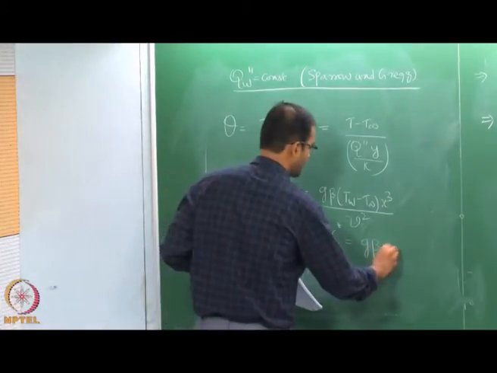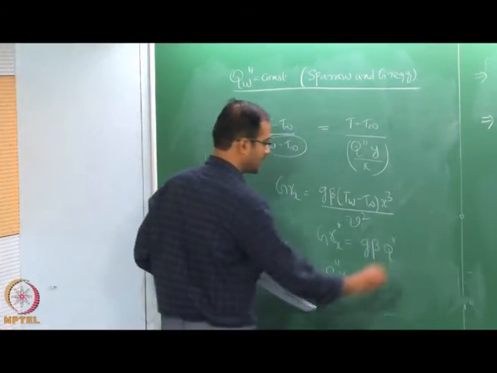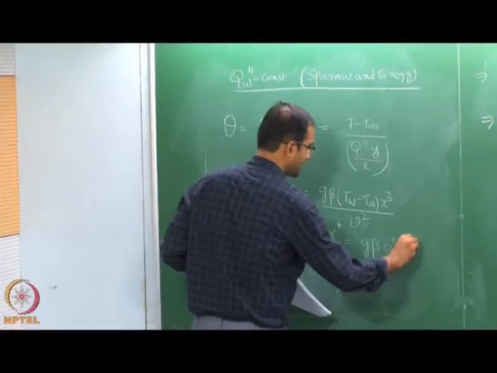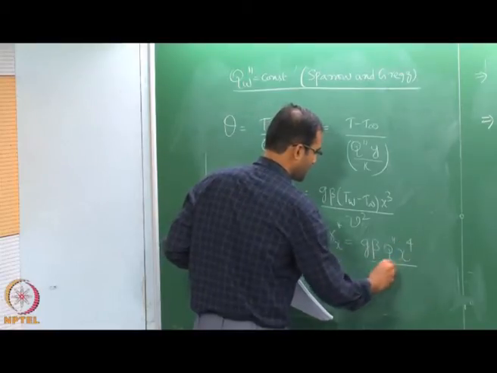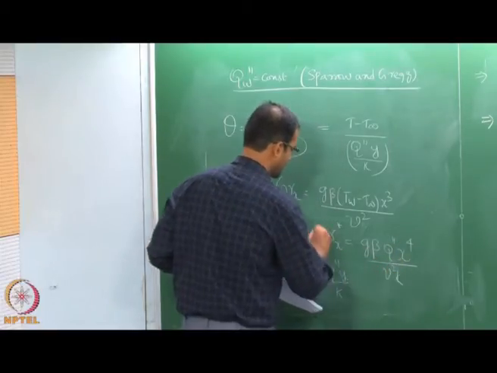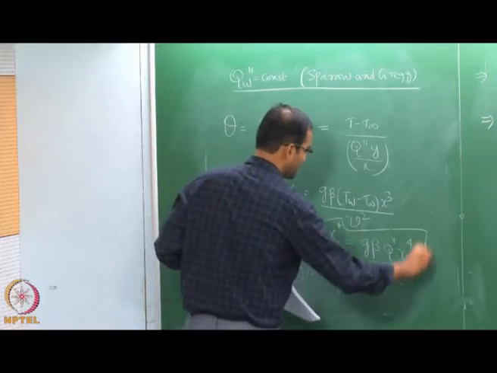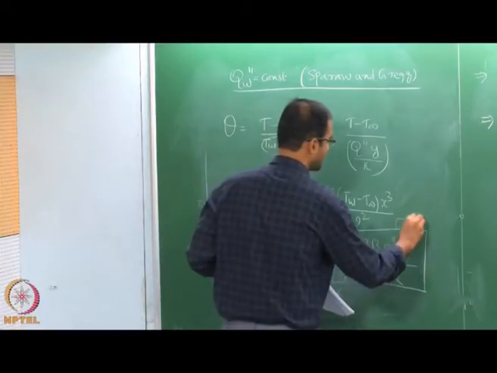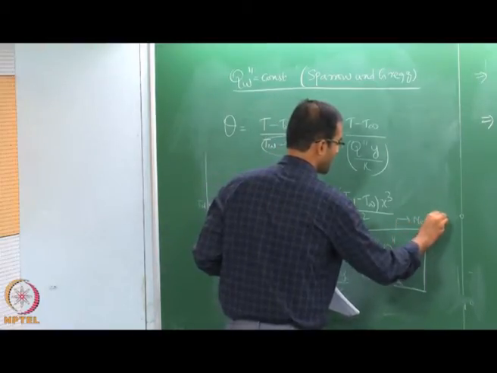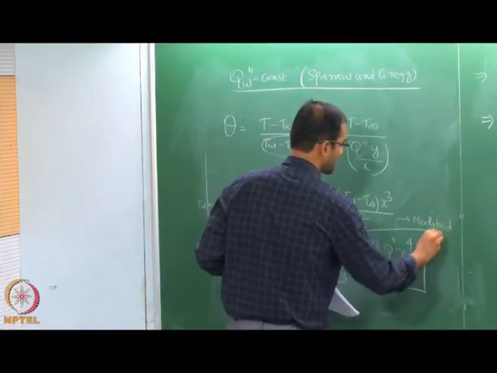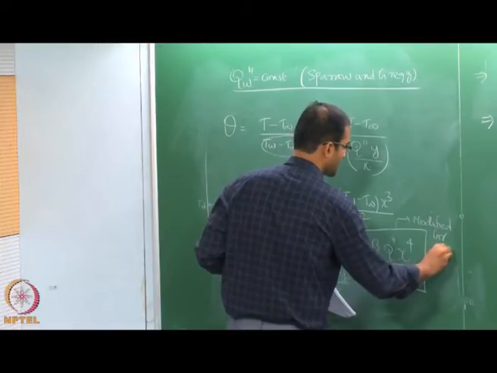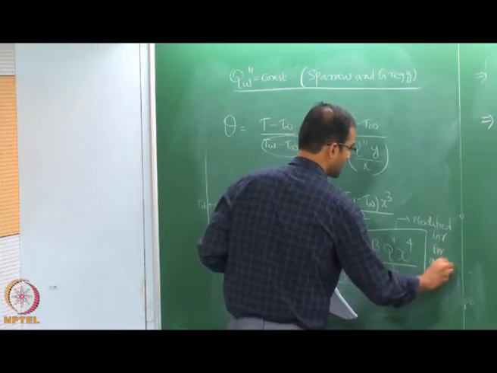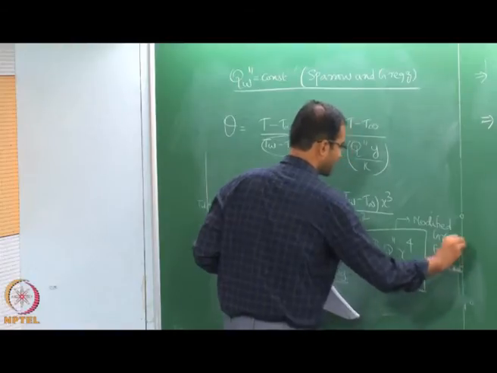So, this will become q double prime x power 4 by nu square k. This is called the modified Grashof number for constant wall heat flux boundary condition.